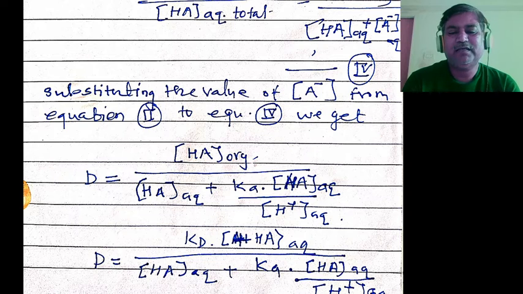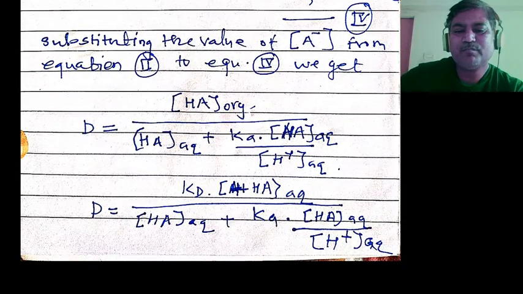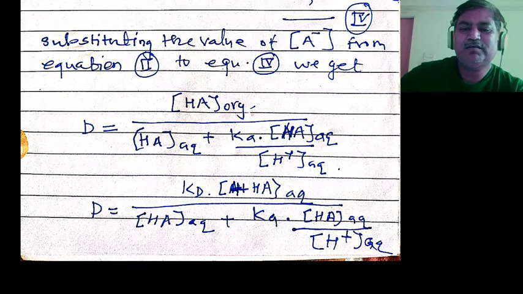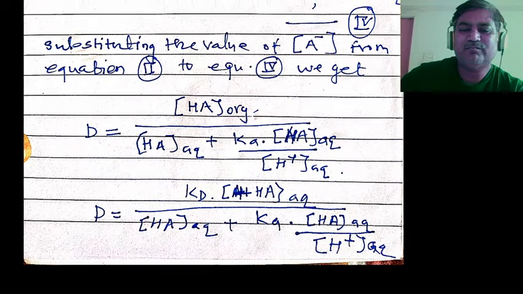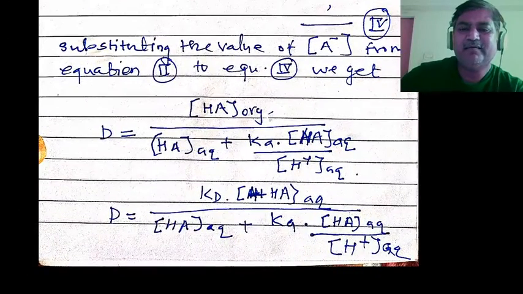Hence we are getting D equal to this equation, and now, in this equation, again capital D is equal to, with the change we have made, that the value of HA in organic phase is put in from the relationship of Kd, that is from equation 3.